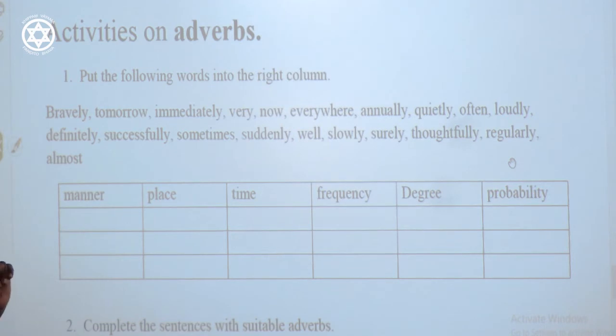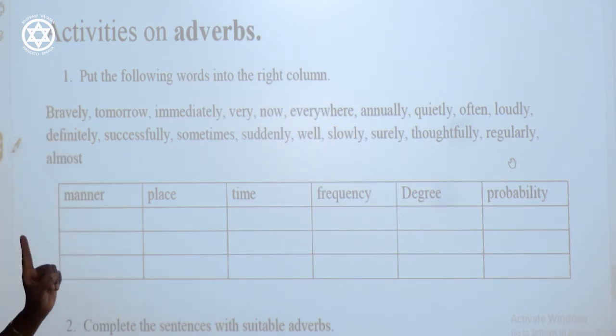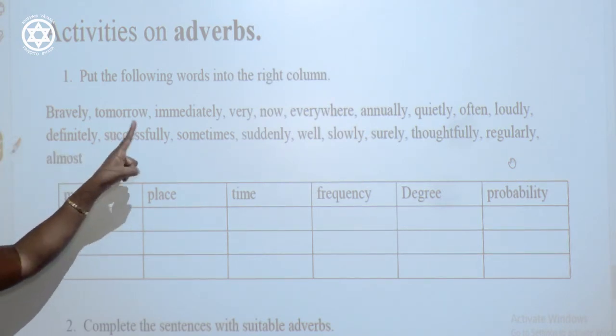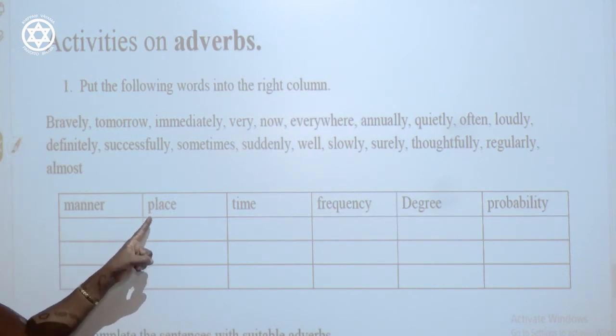Bravely. It tells us how the action happens. So if it answers the question how, it belongs to the category of adverbs of manner. If any adverb answers the question where, it is an adverb of place.